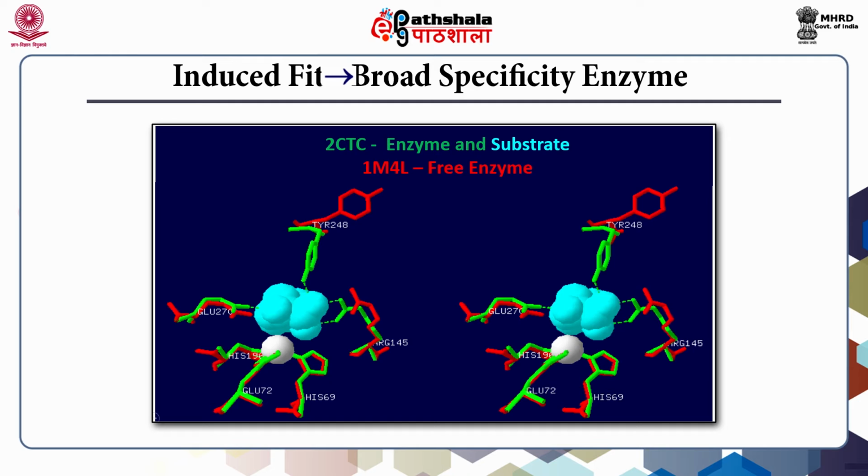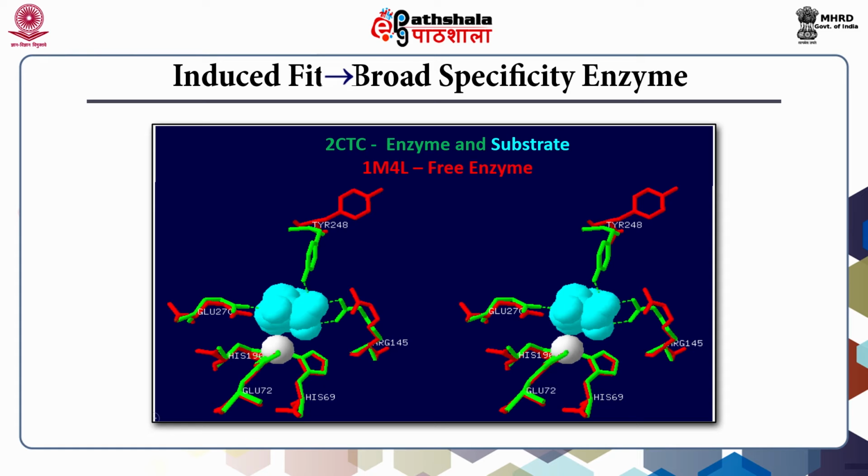The literature shows that the conformation changes in the active center of the enzyme upon binding are restricted to only two residues, that is, tyrosine 248 and arginine 145. Tyrosine 248 and arginine 145 are involved in the binding of the substrate.